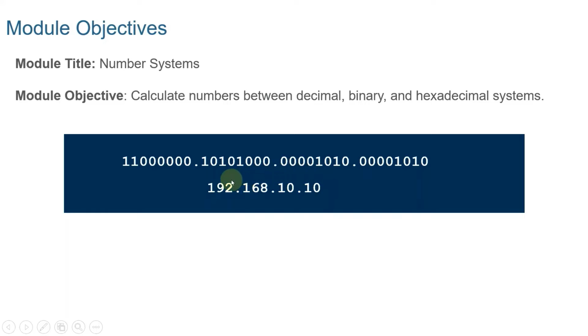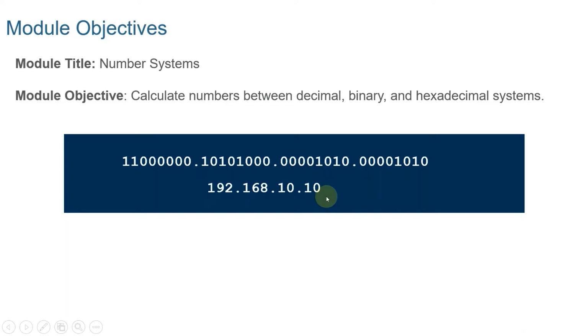It is shown in binary format. This is the IPv4 address for the same computer in dotted decimal: 192.168.10.10. Which one would you rather work with?